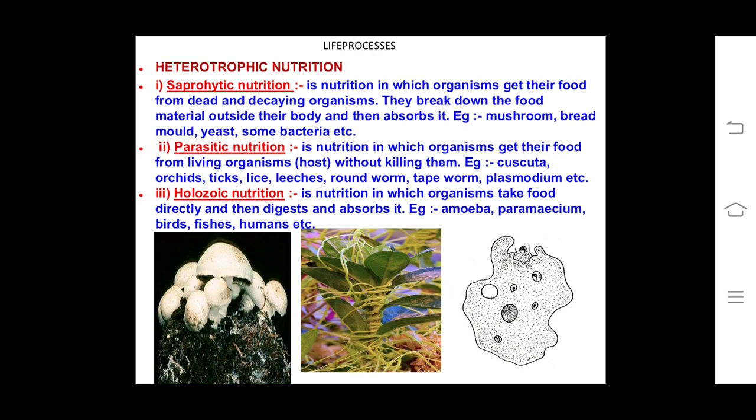Parasitic nutrition is a nutrition in which organisms get their food from living organisms without necessarily killing them. Examples are Cuscuta, orchids, ticks, lice, leeches, roundworm, tapeworm, plasmodium. Sometimes they don't kill them, but sometimes they do.